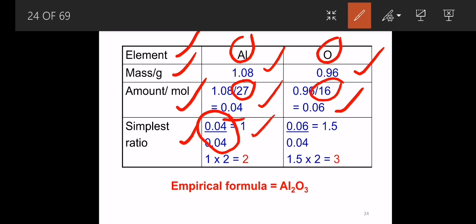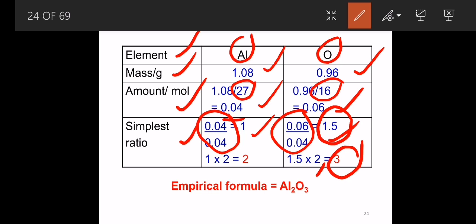And then for the oxygen, 0.06 divided by 0.04, you get 1.5. Here I cannot round off 1.5 to 2. So we just multiply by 2, and you get 3.